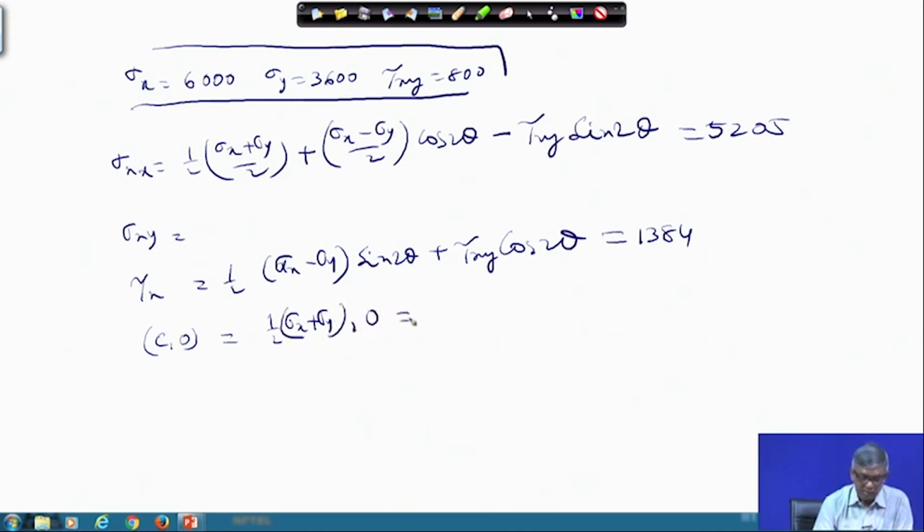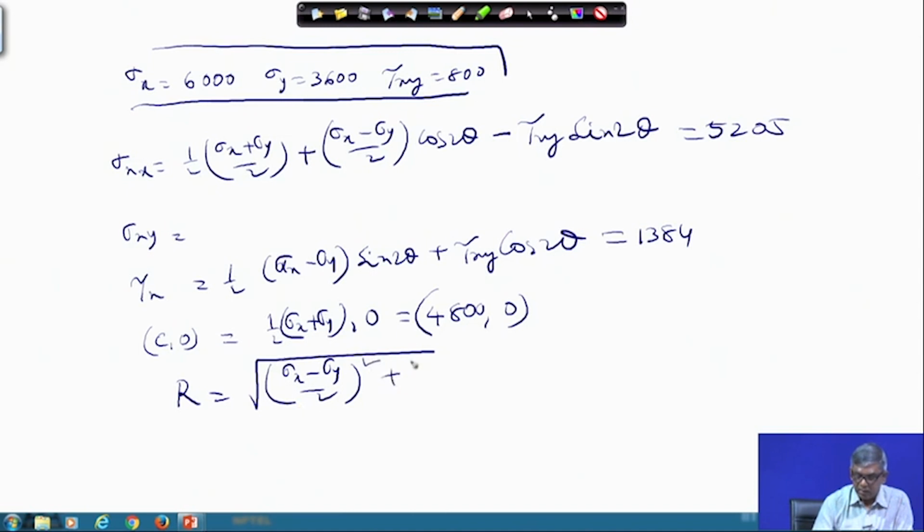This will give you 4800 and 0, and your r becomes the square root of sigma x minus sigma y by 2 whole squared plus tau x y squared, and that gives you 1442.